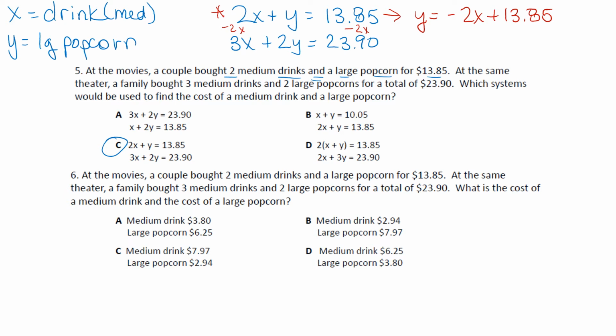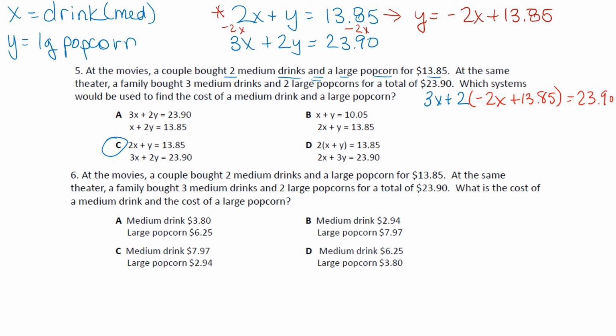So when we get ready to do this one, we are going to keep our 3x plus 2, and substitute in for the y the negative 2x plus 13.85, and that's going to equal 23.90.